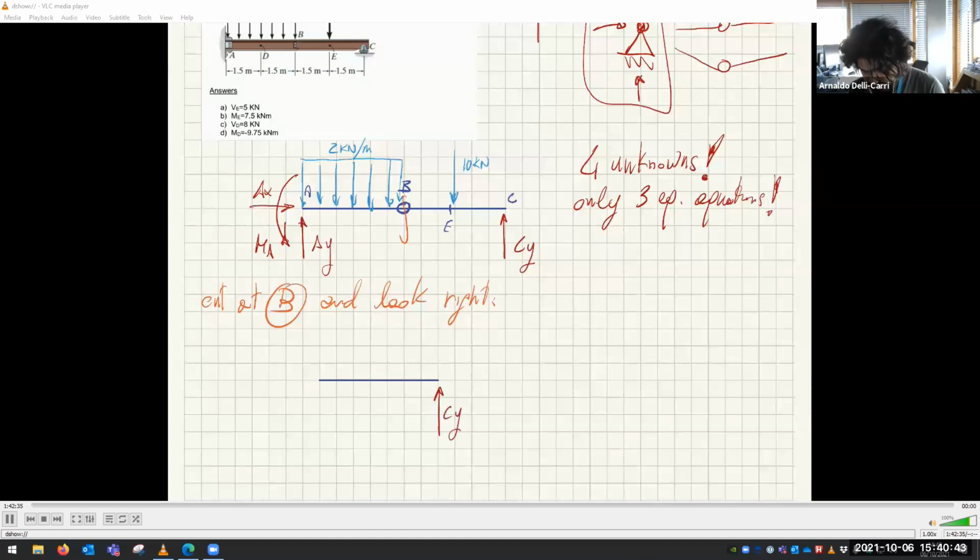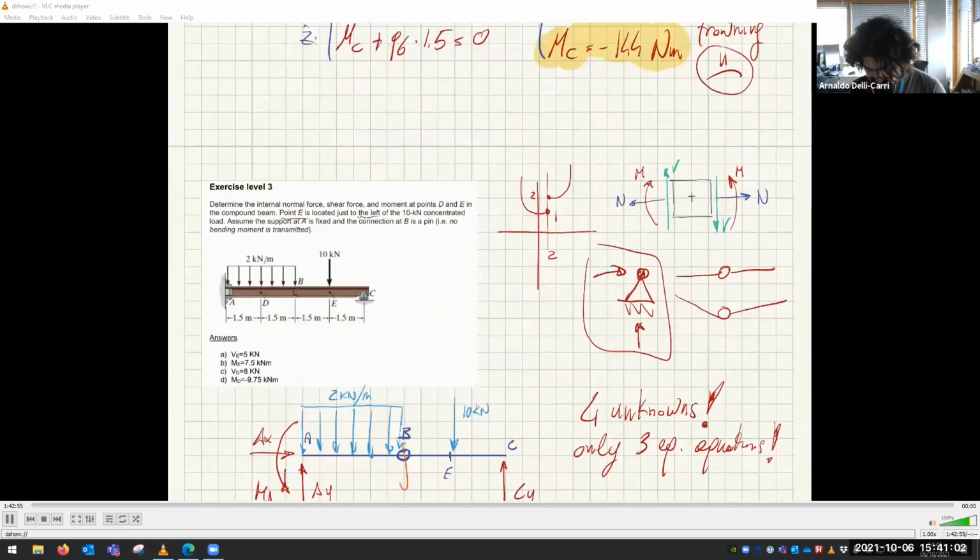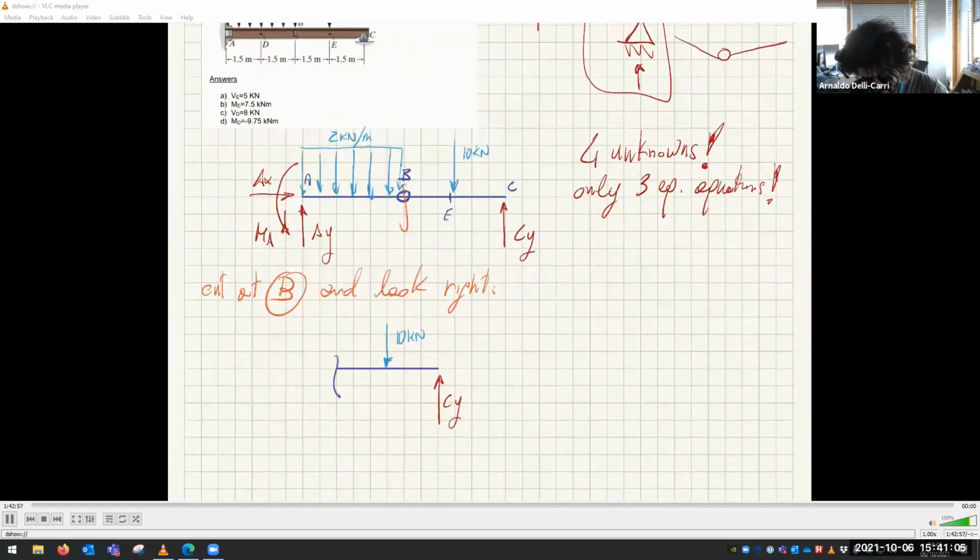Then you have 10 kilonewtons here, in the middle. And then if I'm looking right, of course, I must use this side of the convention. So I have here, this is B. So I have the normal force in B, which is non-zero. The shear force in B, which is also non-zero.